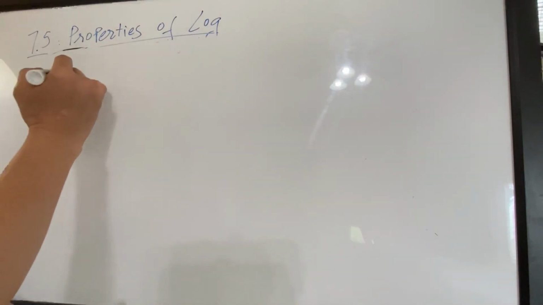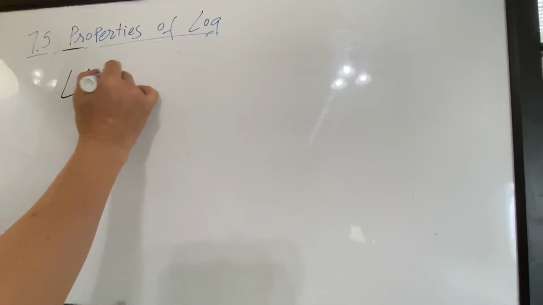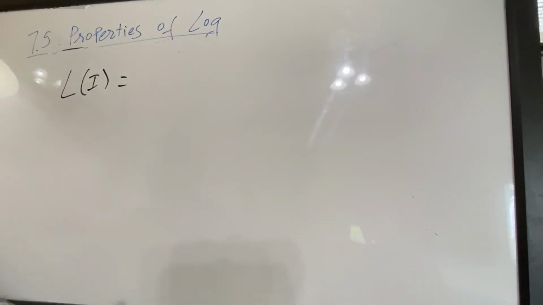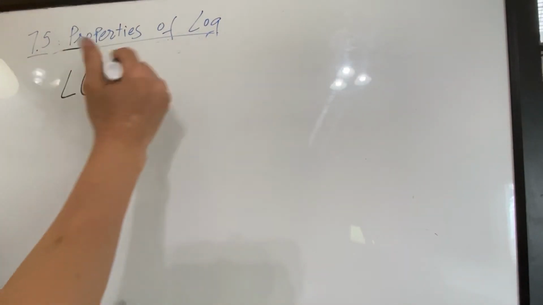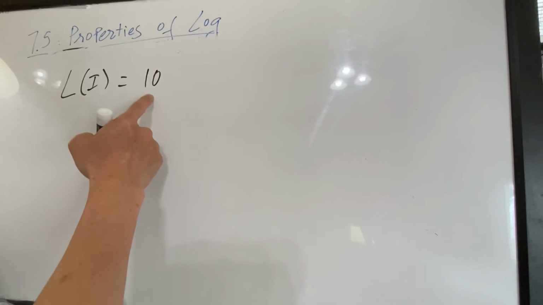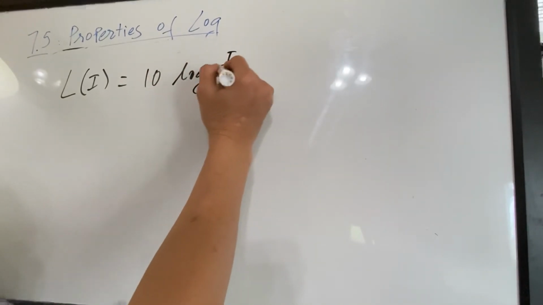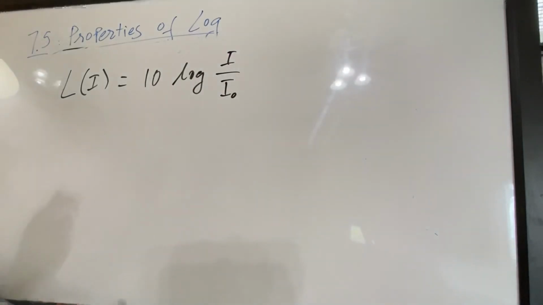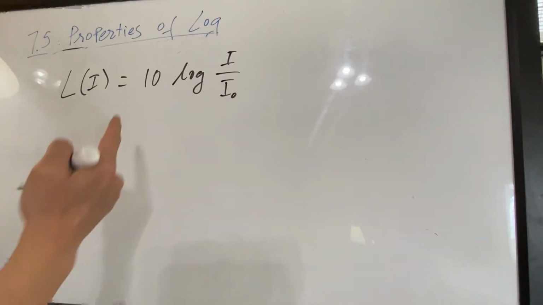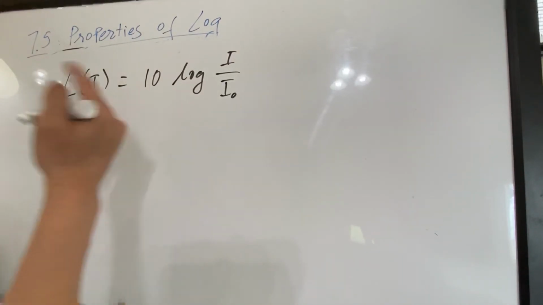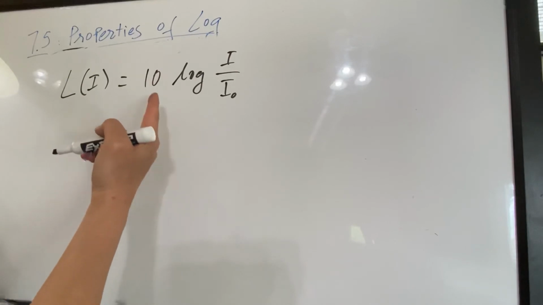It is measured by this formula right here. L is the loudness of the sound, and it is measured by this formula, 10 log of I over I0. Imagine the microphone: you speak into it and your voice is louder and louder. It is controlled and measured using this property of logarithms.